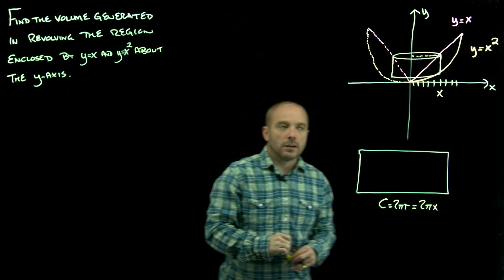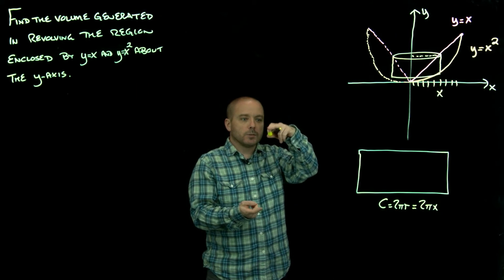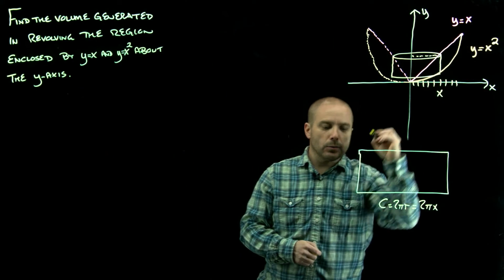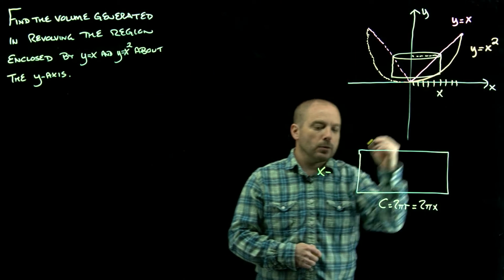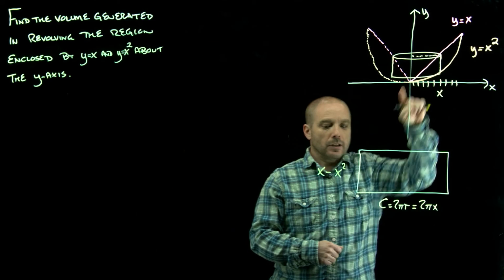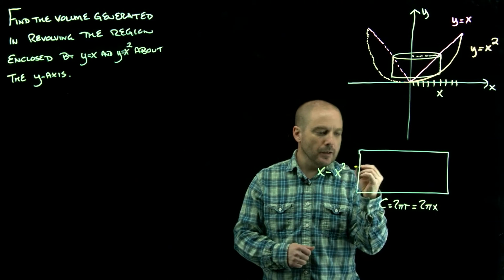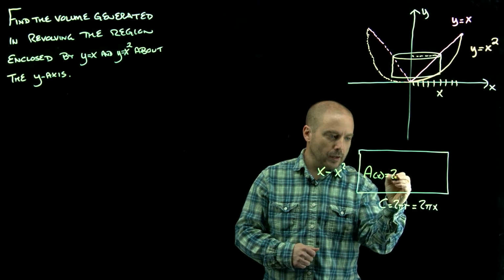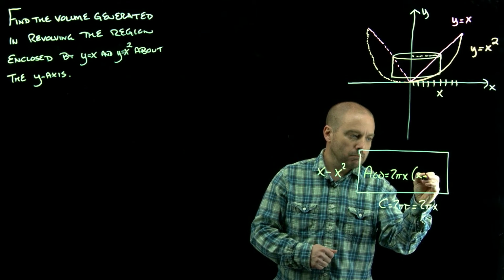That height is being determined by the distance between that top curve and that bottom curve. So bigger minus smaller, the bigger one is y equal x. The smaller one is y equal x squared. So this height is the difference in the curves, bigger minus smaller. So the area of this rectangle is that 2 pi x times the height, base times height.